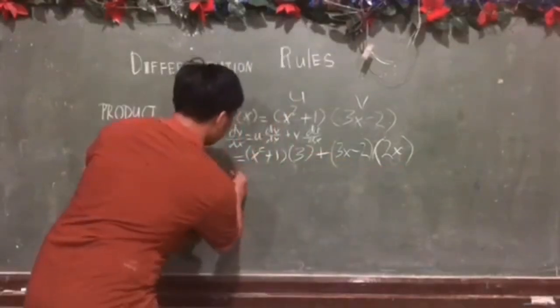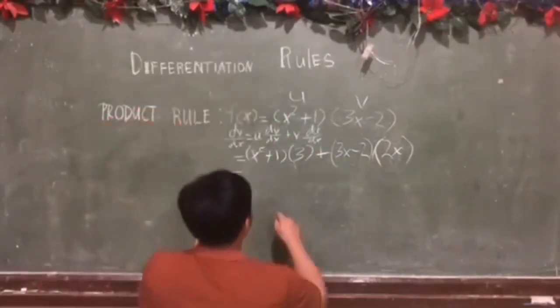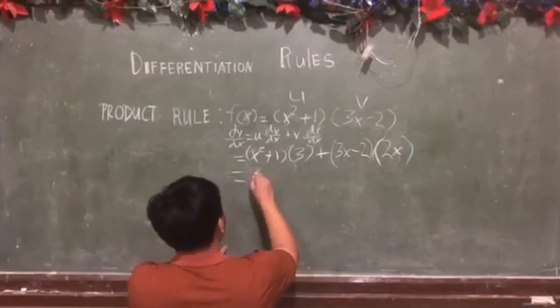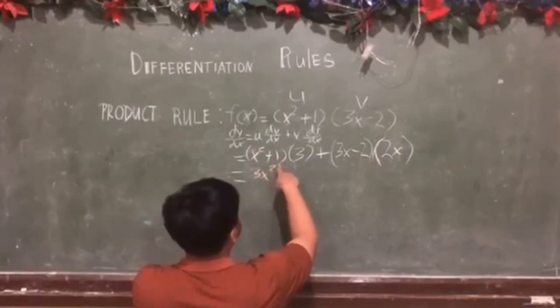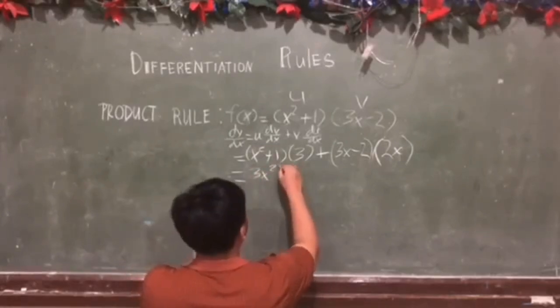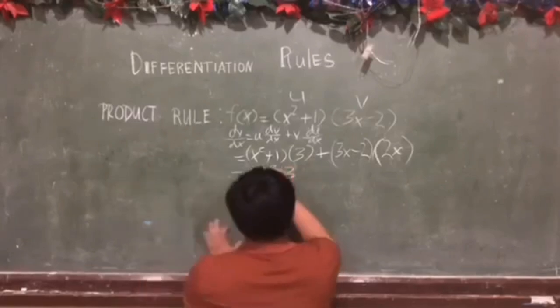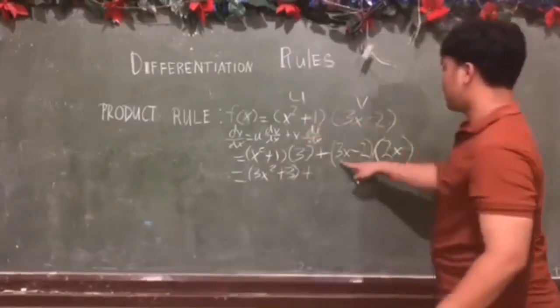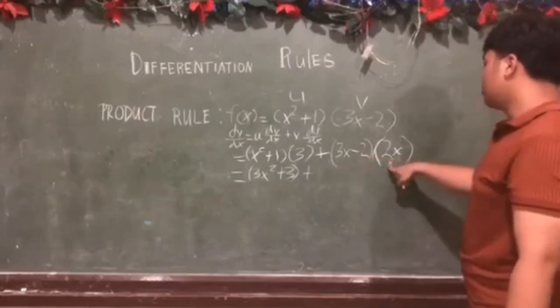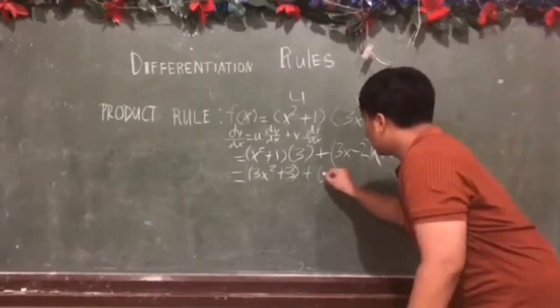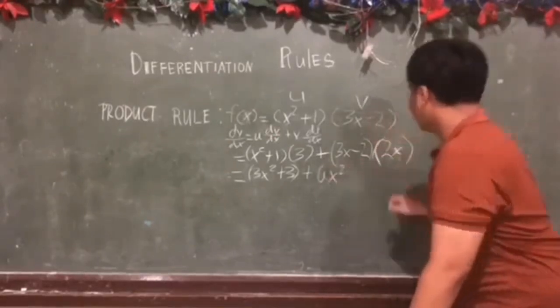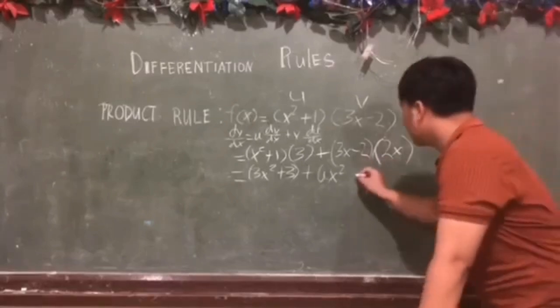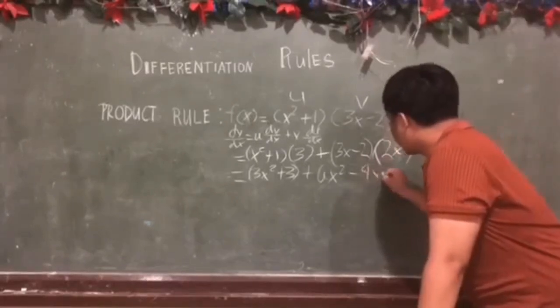So the x squared times 3 is 3x squared, and 1 times 3 is 3. Then plus, after that, we multiply the 3x times 2x. It is 6x squared, then negative 2 times 2x, negative 4x.